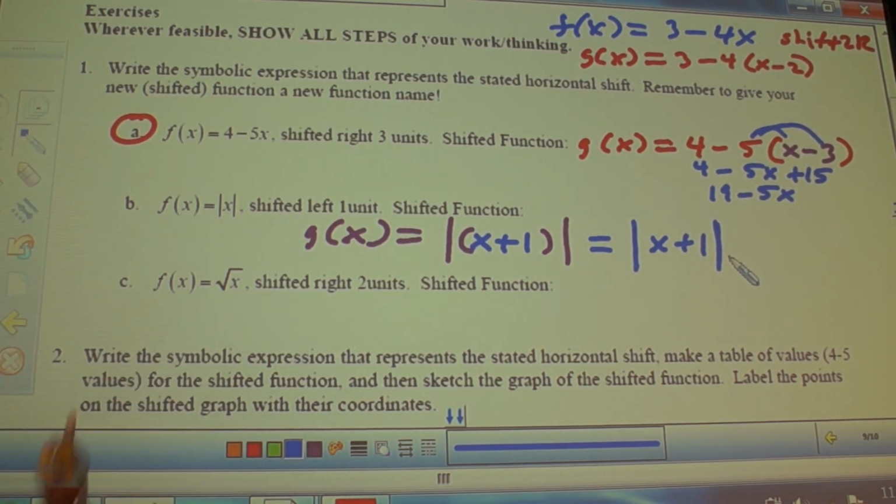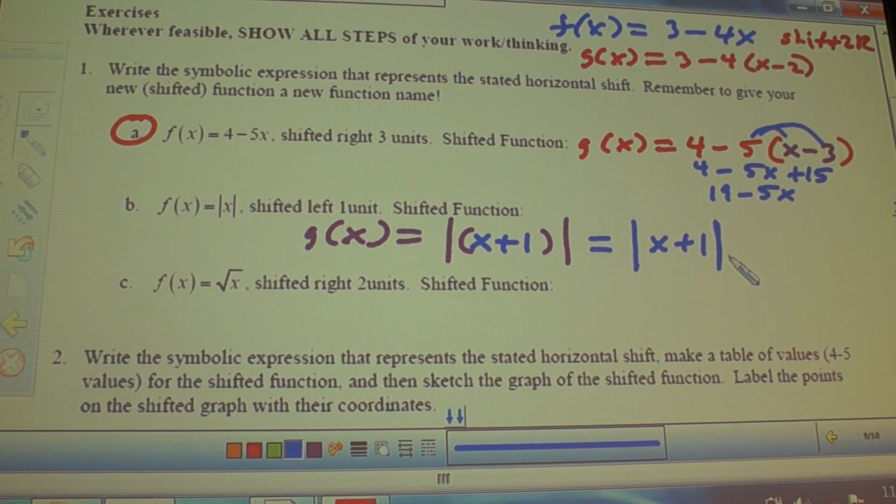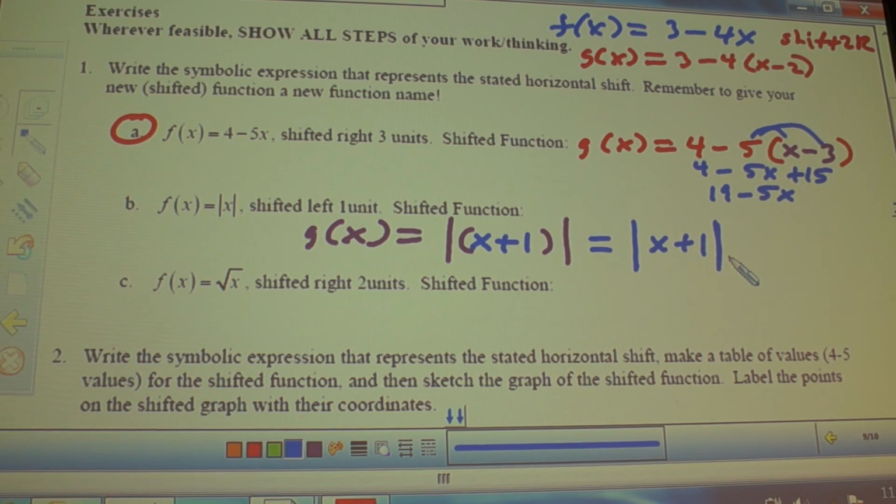So everybody give it a shot. What do you think? G of x equals.